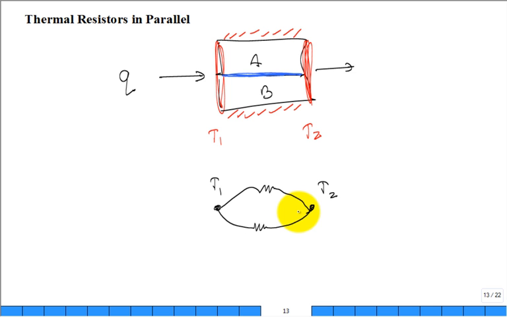Two resistors, they're in parallel. The L sub A divided by K_A A. So I have the thermal conductivity of this material A, and then L sub A is the length of it in the direction of the heat transfer flow. And then the same thing, L sub B divided by K_B A. I apologize.